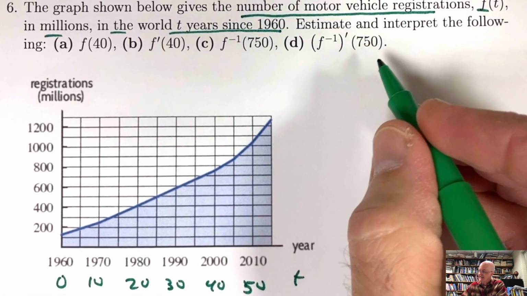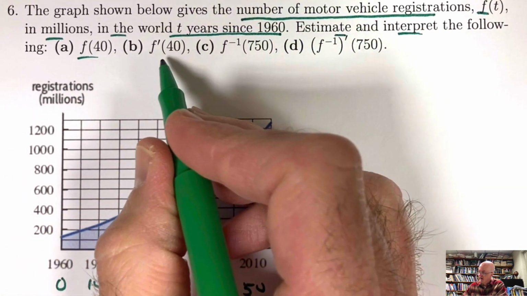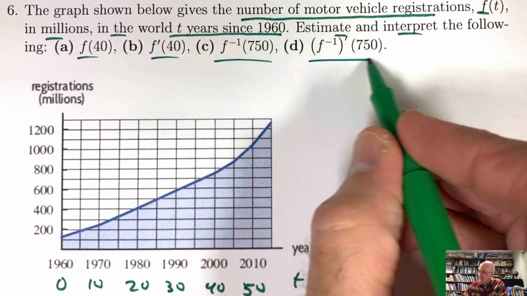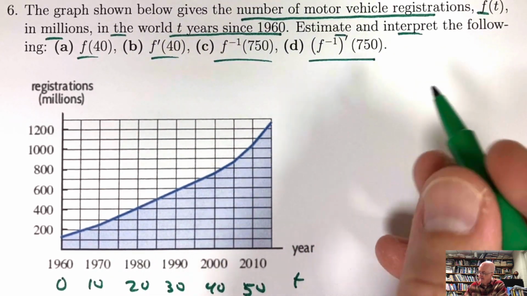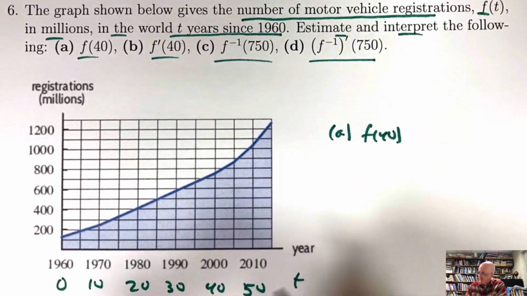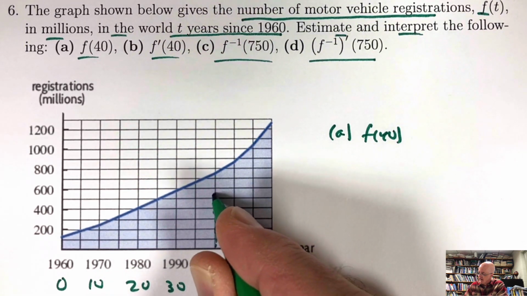The goal is to estimate and interpret the following values: f of 40, f prime of 40, f inverse of 750, and f inverse prime of 750. Okay? We can do this pretty quickly, I think. F of 40, we're plugging in time 40, that's the year 2000, into f.